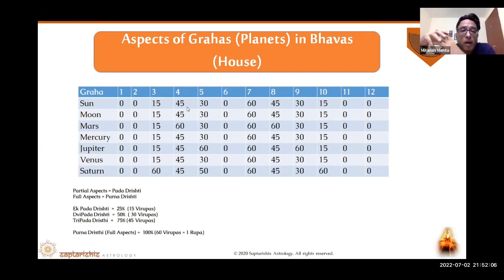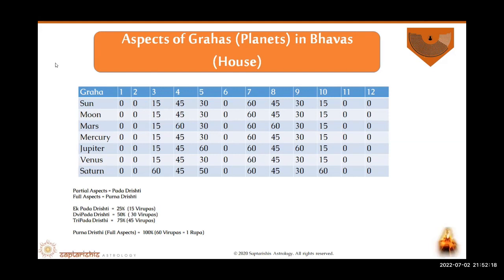The more the houses are away, let's say Sun is in the first house, its reach on the third house is still in grasp and the fourth house becomes a little too far away. No, this is not about being closer or beyond the Sun. It is about the Kendra and Trikona. Oh, okay.